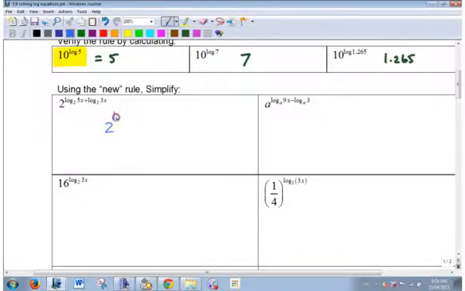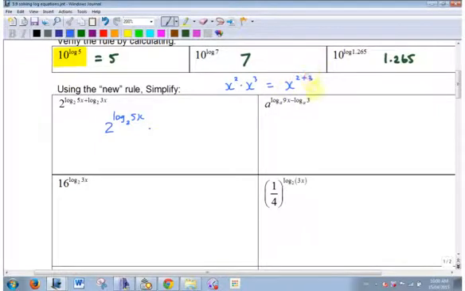Two log base 2 of 5x... when you have that, okay, there's no logs here. That's grade 10 stuff. What's the rule for exponents? Add them, right?